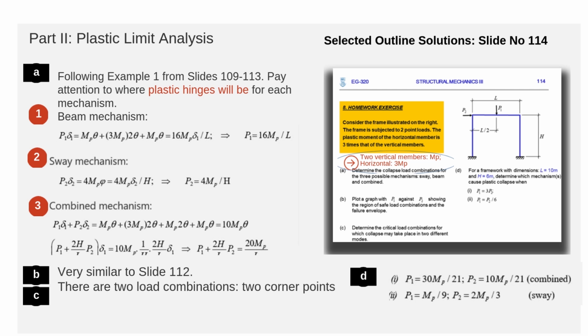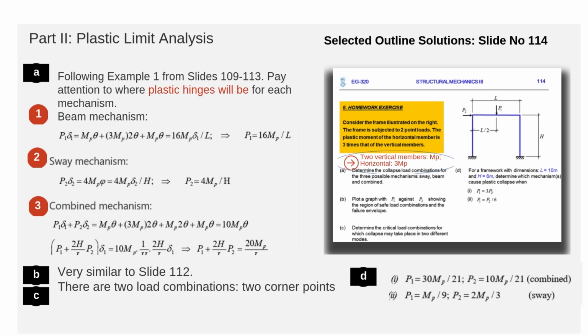Here, the equation helps us understand the relationship between the applied load and the resulting displacement, considering the length of the structure. When we combine vertical members with horizontal ones, each with different moment capacities, we can analyze the behavior of the structure as a whole. By summing up the effects of both types of members, we gain insights into how the structure responds to combined loads and moments.